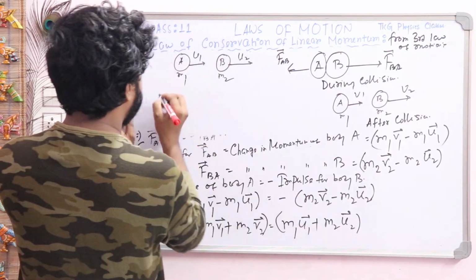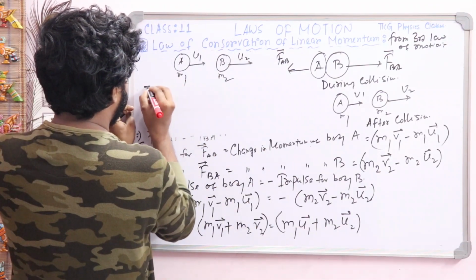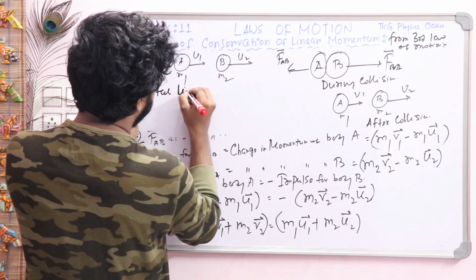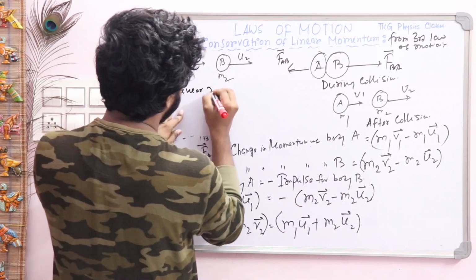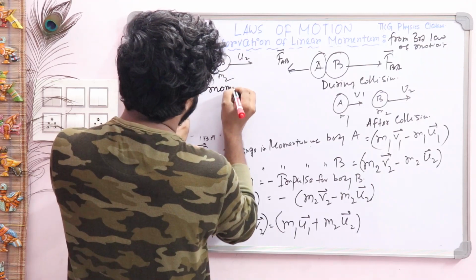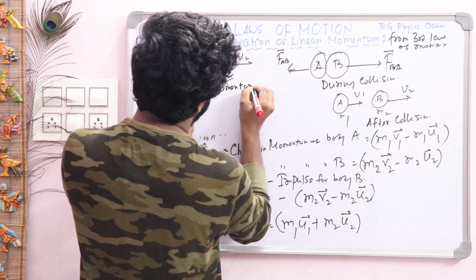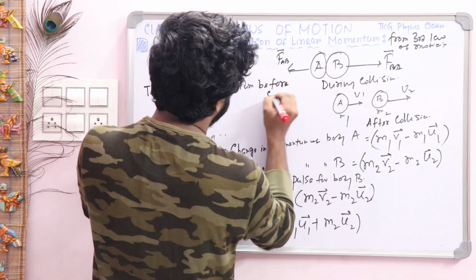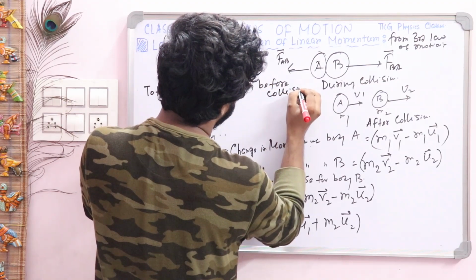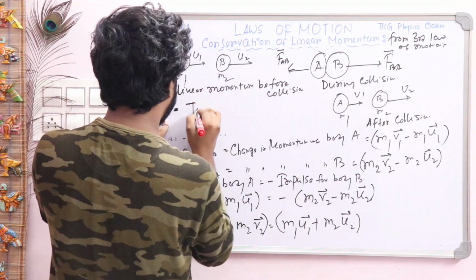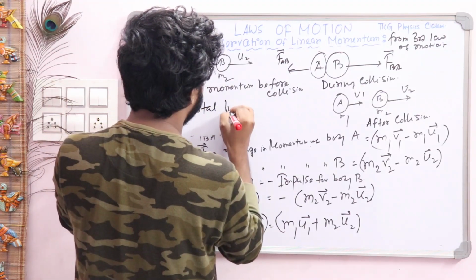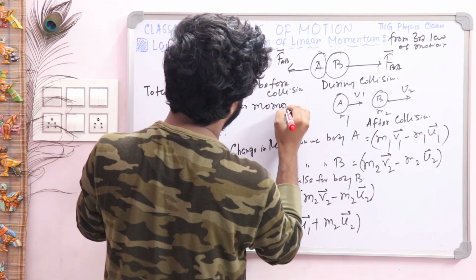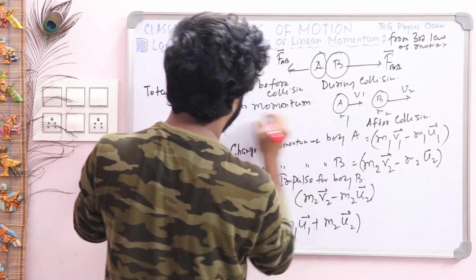Write it. So we can write: total linear momentum before collision is equal to total linear momentum after collision.